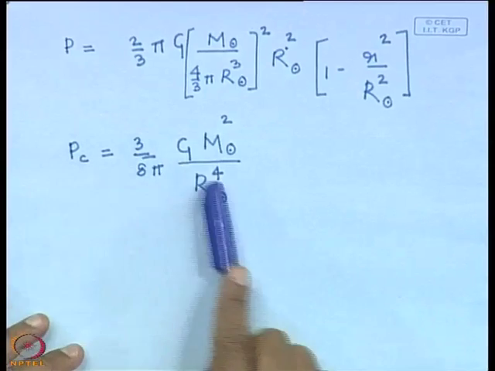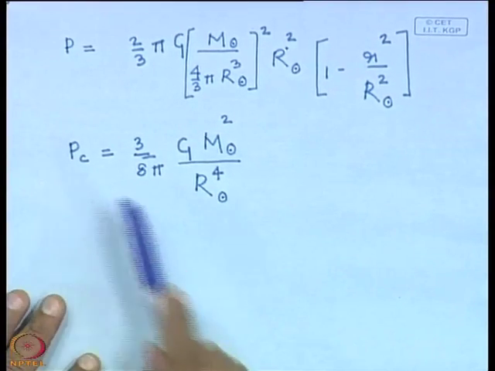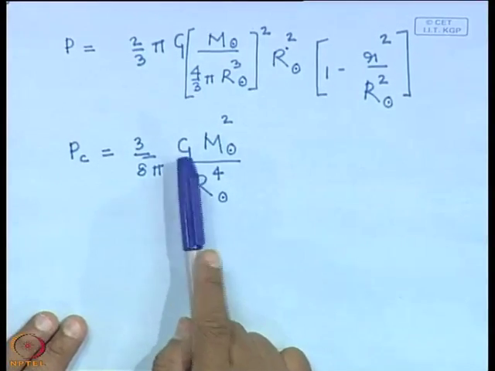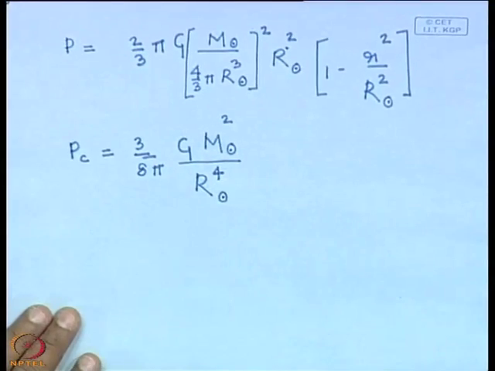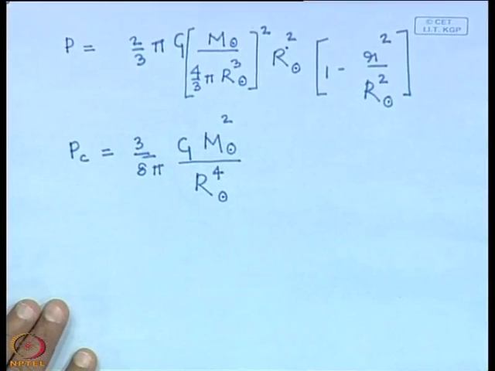Okay, so, we have an estimate for the pressure at the center of the sun, and it is expressed in terms of just the universal gravitational constant, the mass of the sun, and the radius of the sun. It depends on just these 3 things, and there is a numerical coefficient outside.